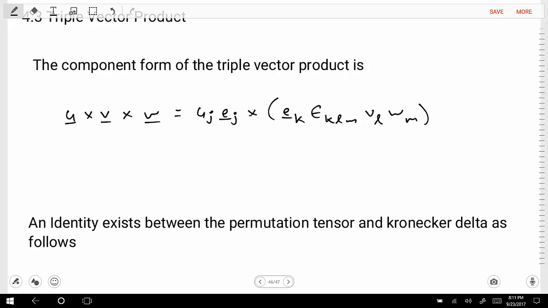Where in essence we've used our permutation here once, and we're still doing the cross product of these individual elements.